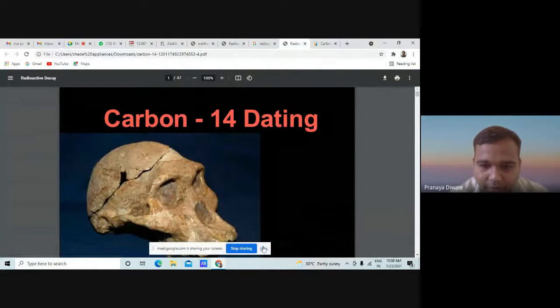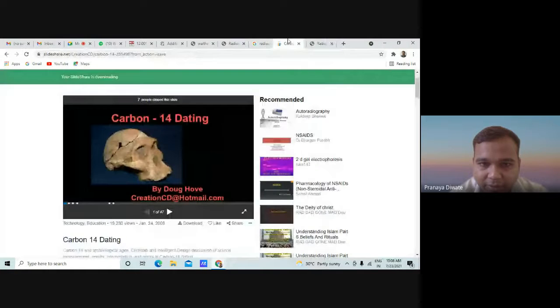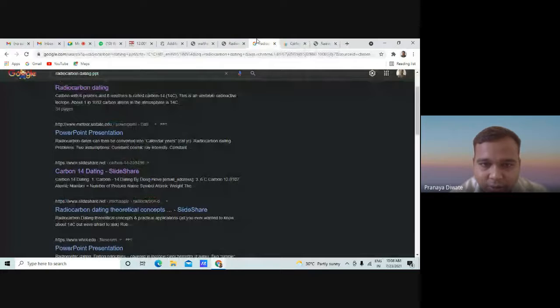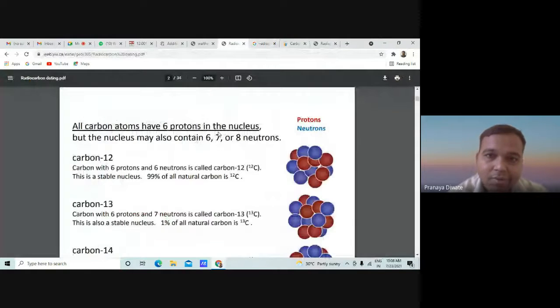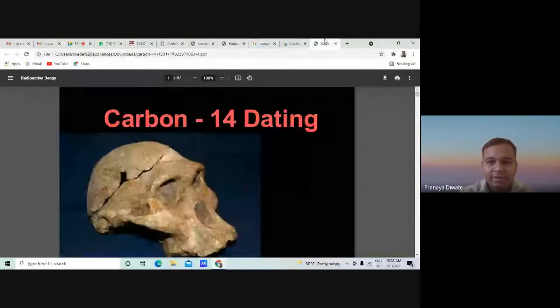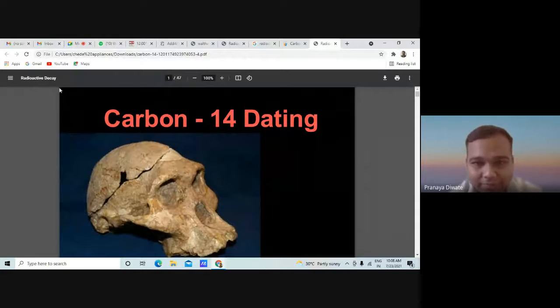So you have different types of dating methods. You have a relative dating method, as well as an absolute dating method. What is the difference between the relative and the absolute dating method? A relative dating method is based on the relativeness of the strata.